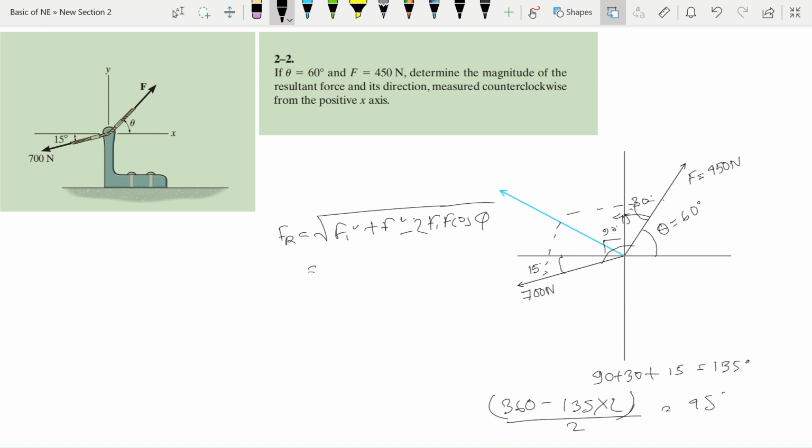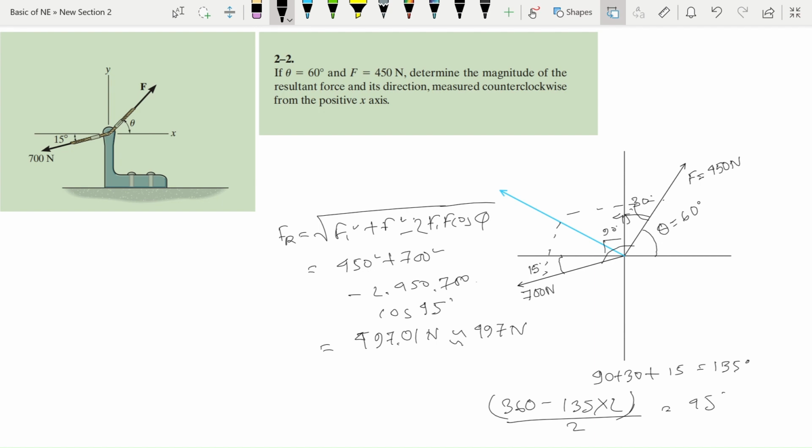Now putting in the values, that would be 450 squared plus 700 squared minus 2 into 450 into 700 into cos 45 degrees, and the result would be 497.01 Newton, which is equivalent to 497 Newton.